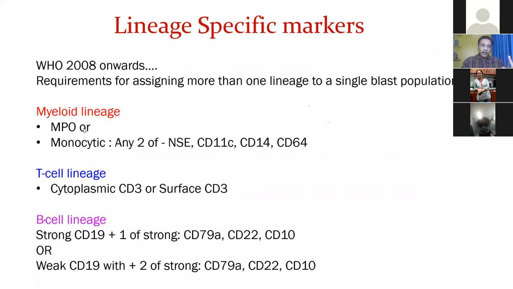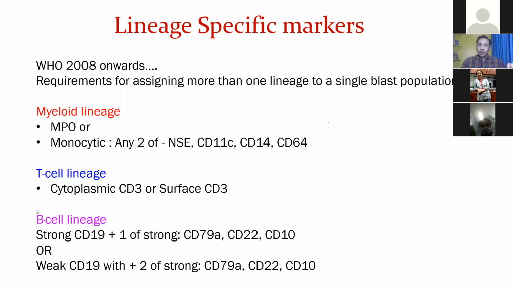For myeloid lineage, we have cytoplasmic or cytochemical MPO, that is myeloperoxidase. If myeloperoxidase is positive by flow cytometry or cytochemistry, then you can confirm myeloid lineage. For monocytic lineage, in many leukemias MPO may be negative. For that, we use a combination of two or more markers.